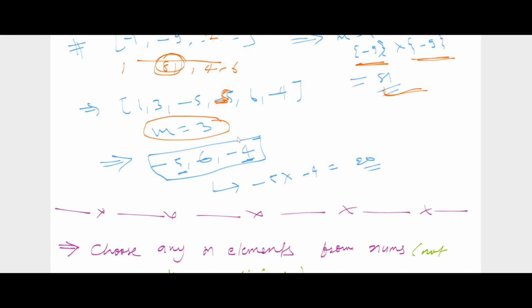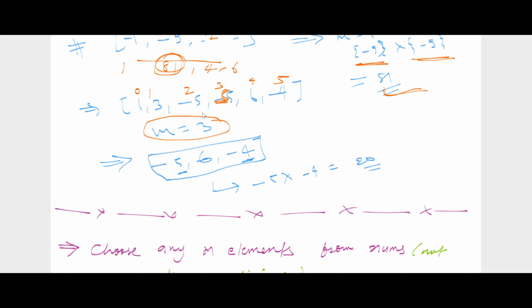Let's suppose we want all the valid windows of 3. So what are the valid windows for 3? There will be multiple. Let's suppose we start from indices 0, 1, 2, 3, 4 and 5. These elements we will take. If we start the window from 1, we take 1, 3, minus 5.